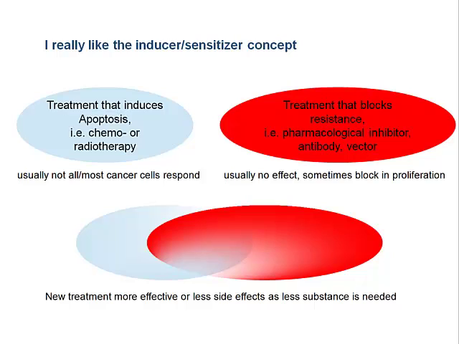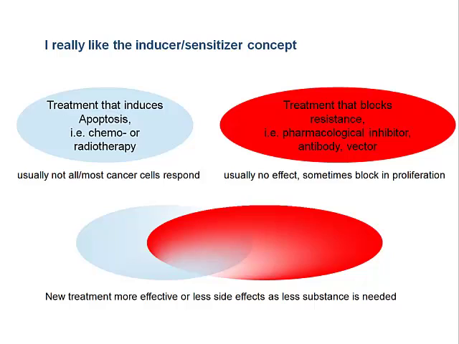It would kill all cancer cells if we increased the dosage of therapy, but that would also cause more side effects and eventually kill the patient. So we are limited by not killing the patient.